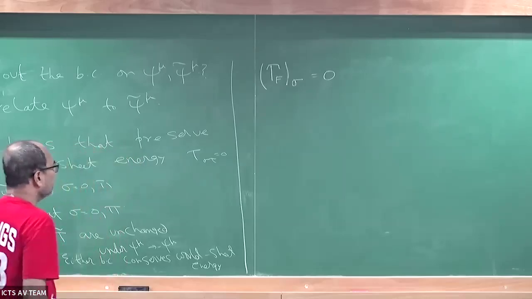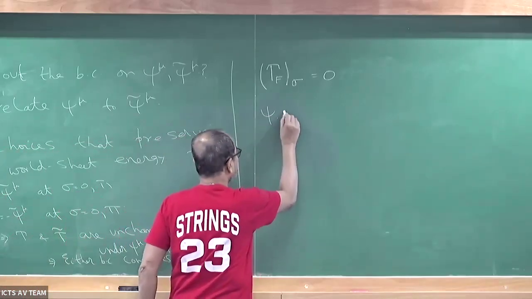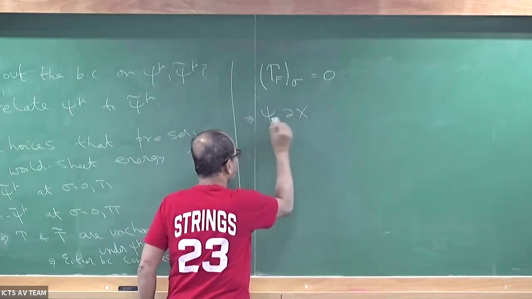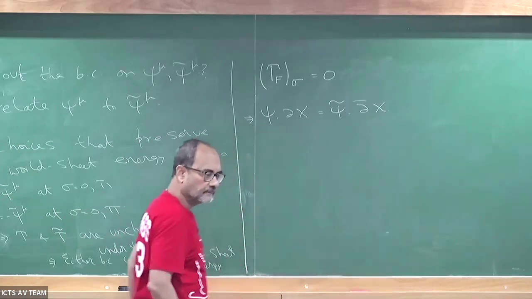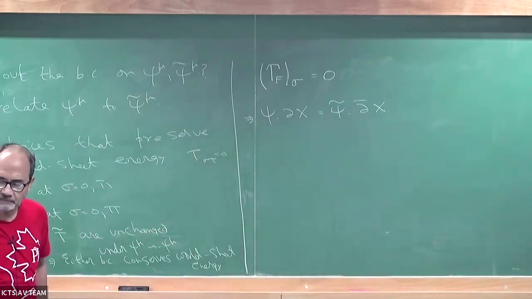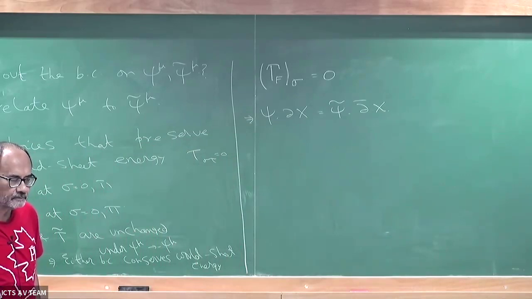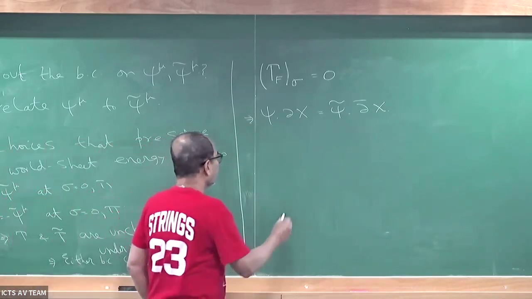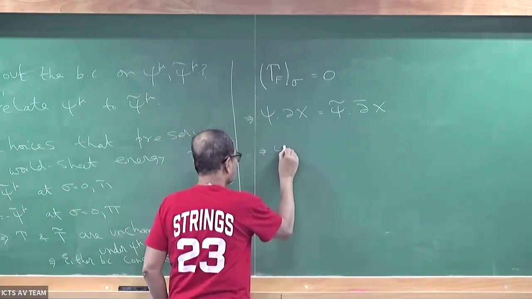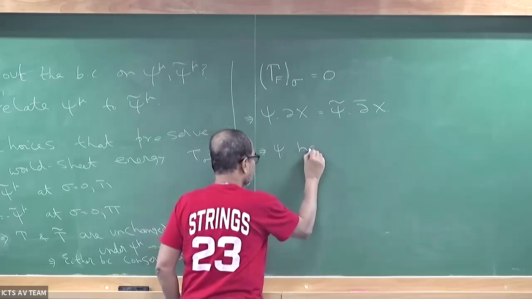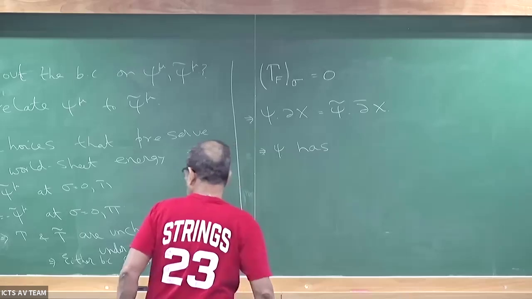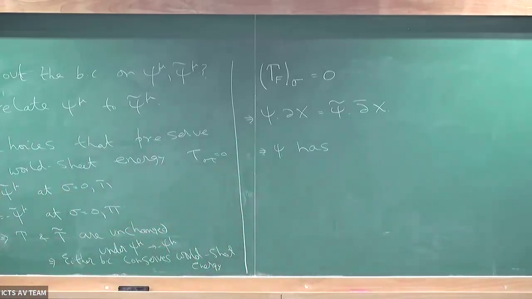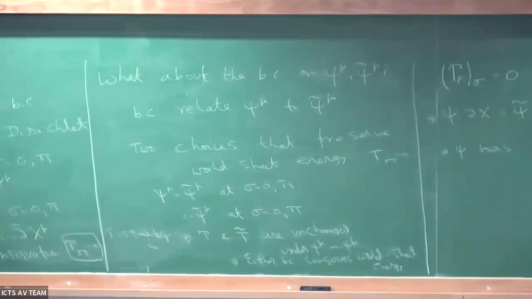Suppose you want to impose this condition. Then what you want is that psi del x, this implies that psi dot del x would be equal to psi tilde dot del bar x. And this means that psi, okay, so you see that for Neumann, del x and del bar x are the same.